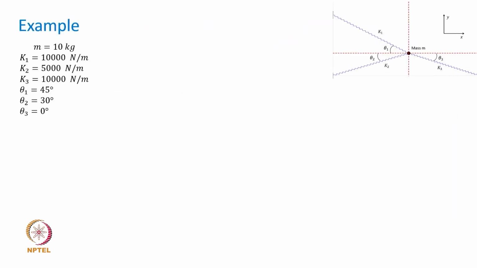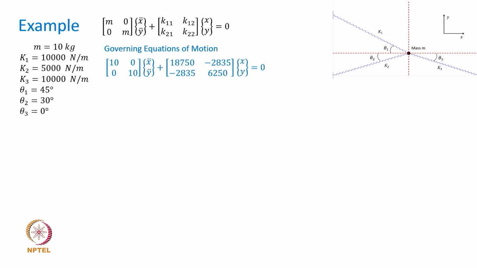Using some numerical values for each of these parameters of the vibratory system and fixing a configuration, we can then visualize the motion properly. So if you use these parameters of this vibratory system, you can easily show that the governing equations of motion would transform to this in terms of some numerical values of individual elements.